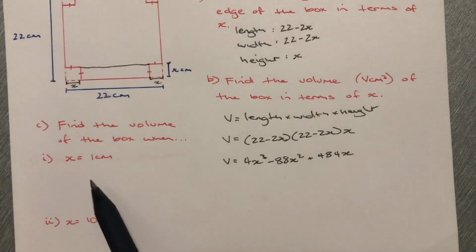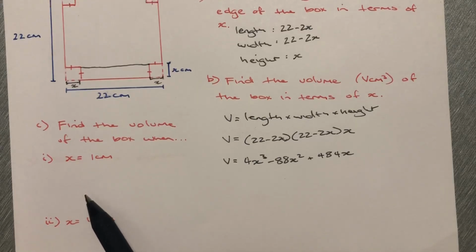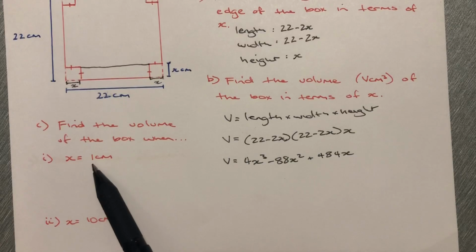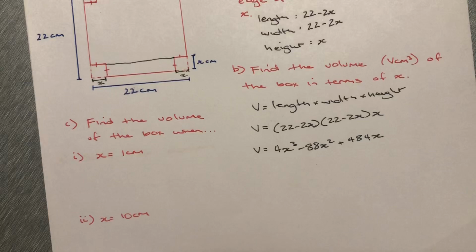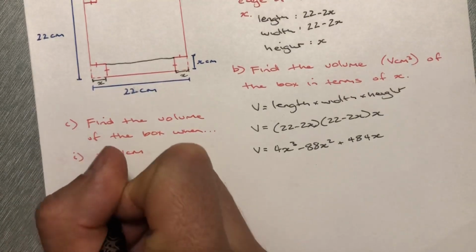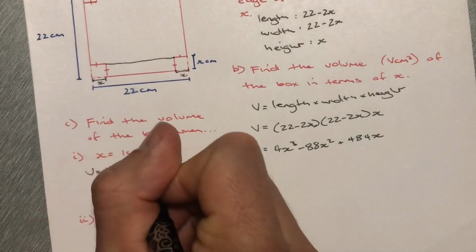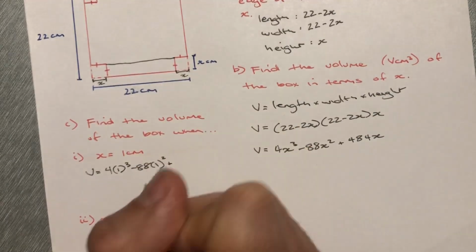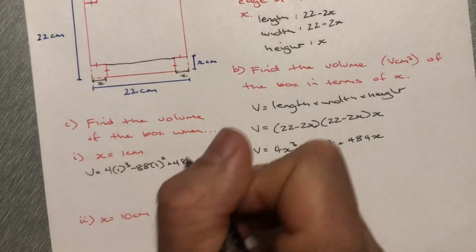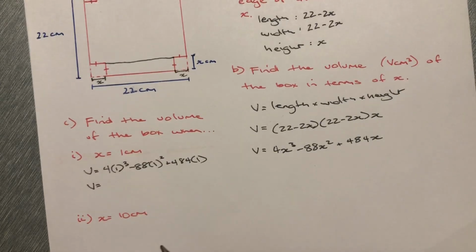So all we're doing is plugging in or substituting in our value for x, and it's going to tell us that volume. So if x is 1, what's the volume? Let's substitute it in. Alright, now that's something that you should be able to work out by hand, but again, we have our CAS here.